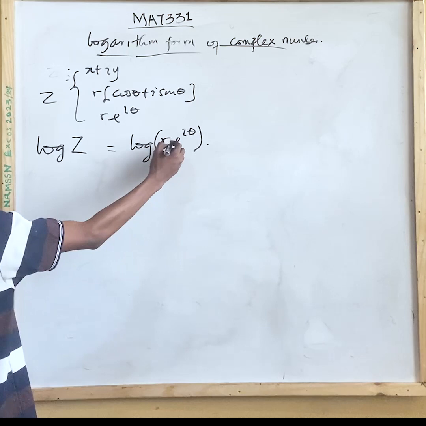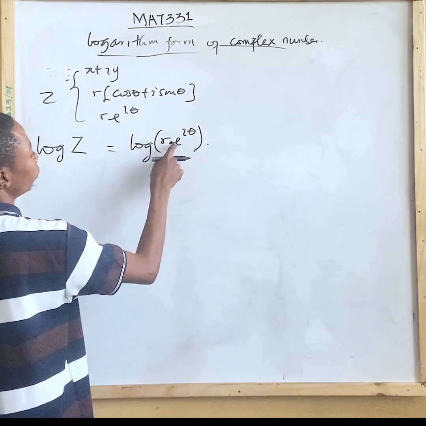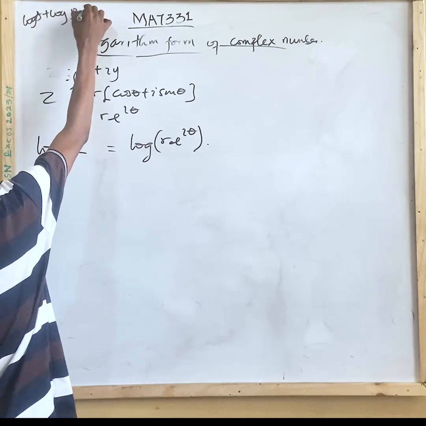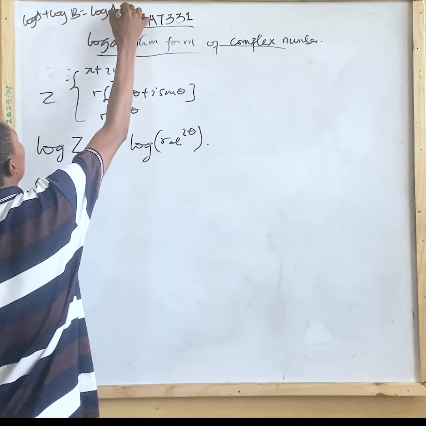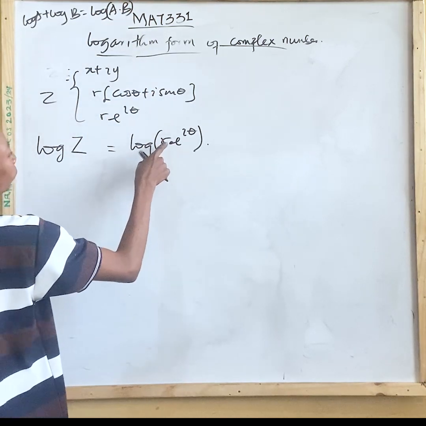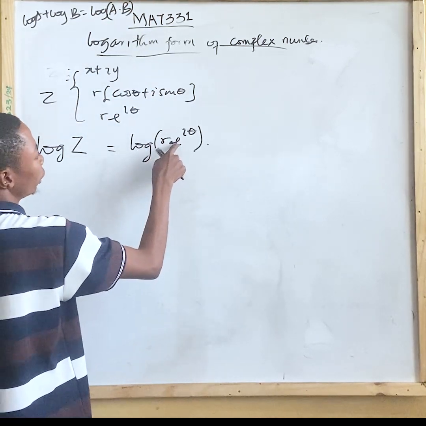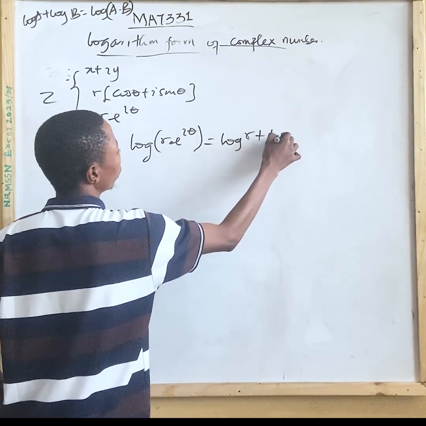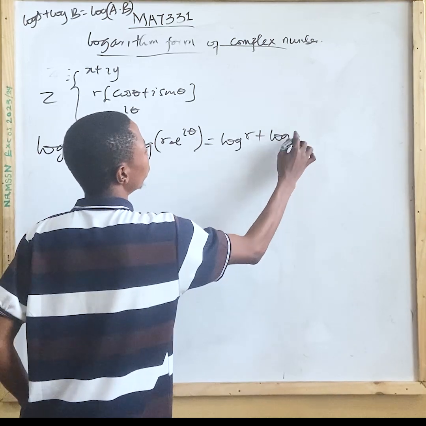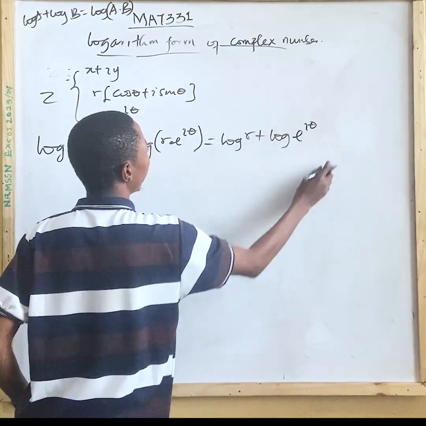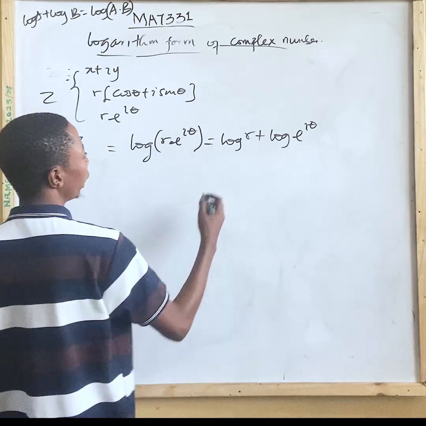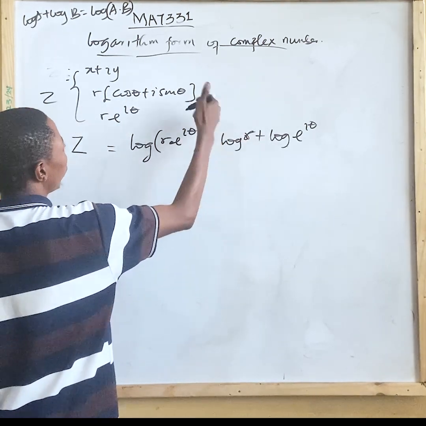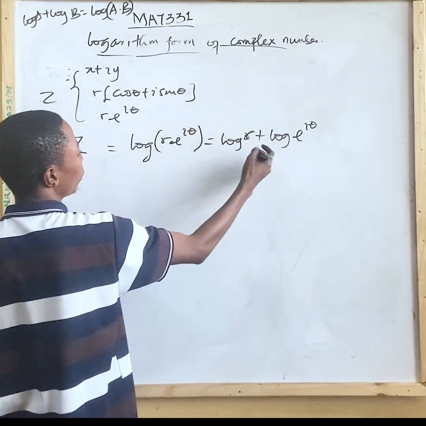And you know from properties of logarithm, log a plus log b is equal to log ab. So here I have log of r times e raised to power i theta. So I can express it as log r plus log e raised to power i theta. And from here, what is r? R is the modulus, and our r is equal to square root of x squared plus y squared.